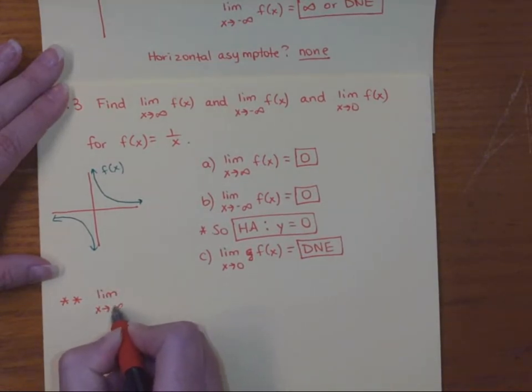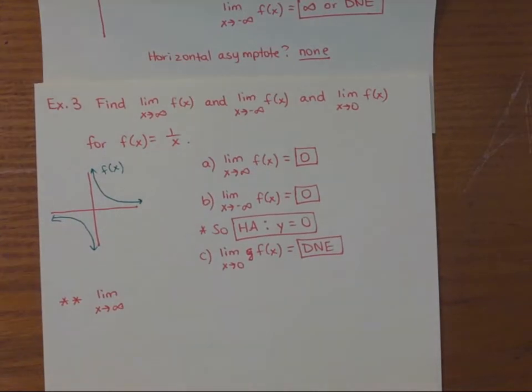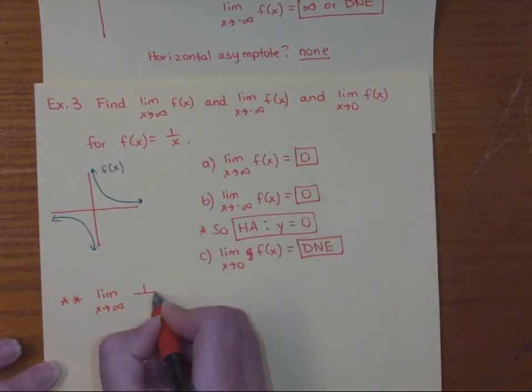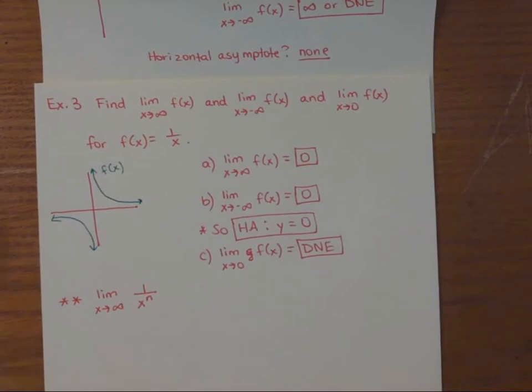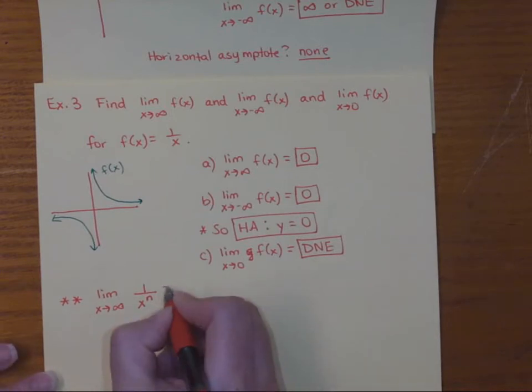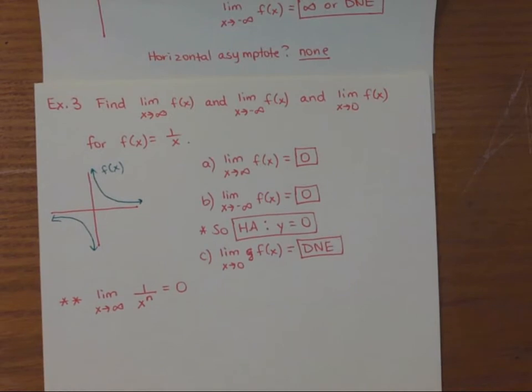section of problems. So if you have the limit as x approaches infinity of anything like 1 over x to the n power, so that would mean 1 over x, that would mean 1 over x squared, that would mean 1 over x to the third, anything like that, the limit will always be 0.